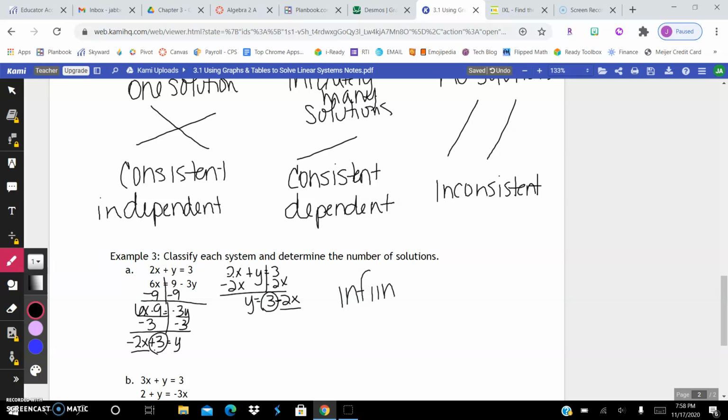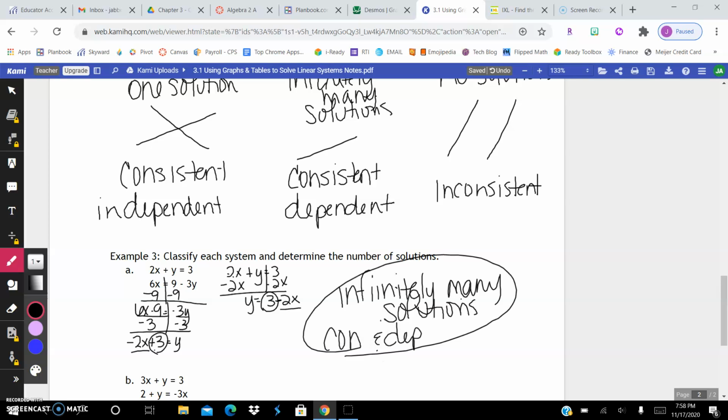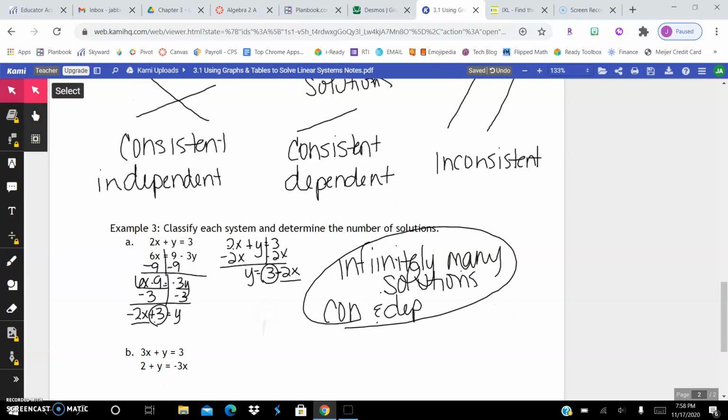So infinitely many solutions. And then our classification would be consistent and dependent. So a lot of words there for that answer.